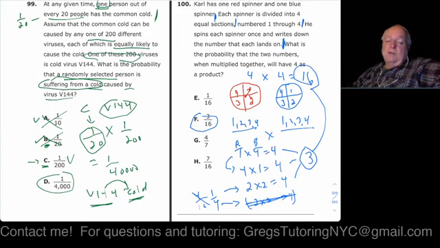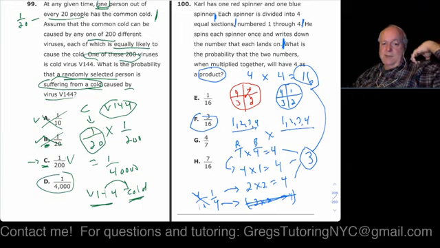As a product, multiplication. This is not about addition.